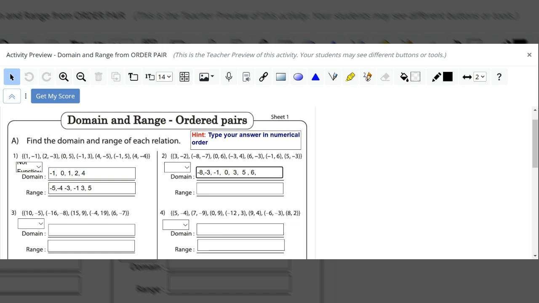So now I'm going to look at my range. My range are negative 2, negative 7, 6, 4, negative 3, 6, negative 3. Same thing, I'm going to write them from least to greatest.